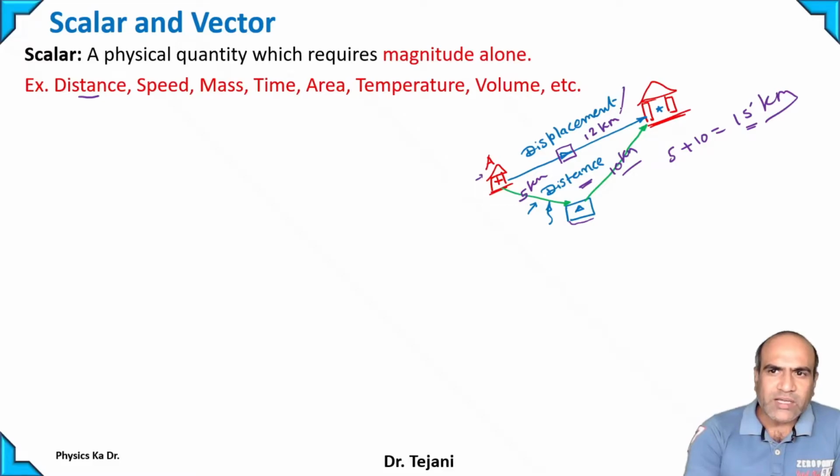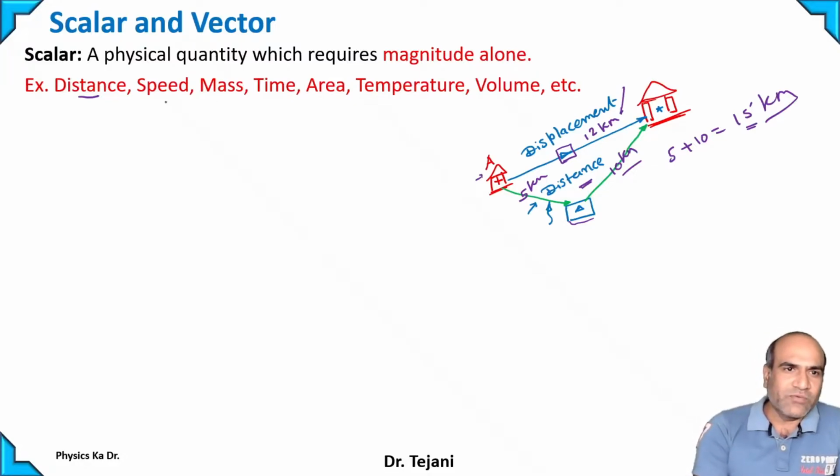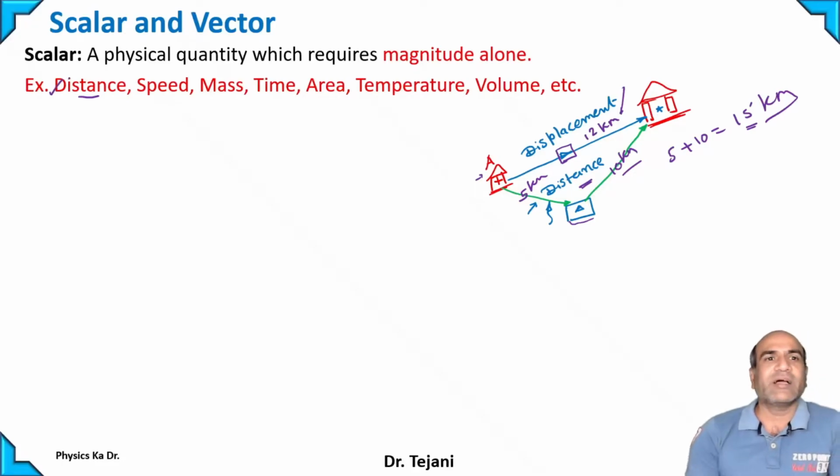Now this 12 kilometer becomes a displacement, and to travel with this displacement, she needs a direction. Therefore, distance becomes a scalar quantity where we just need a magnitude. We do not need any direction.